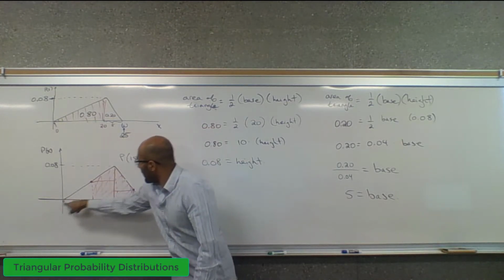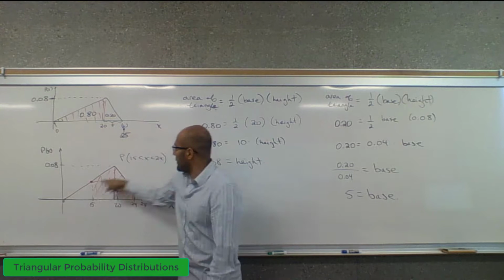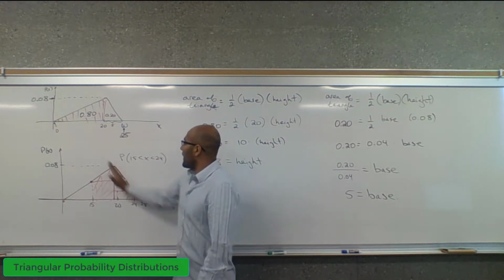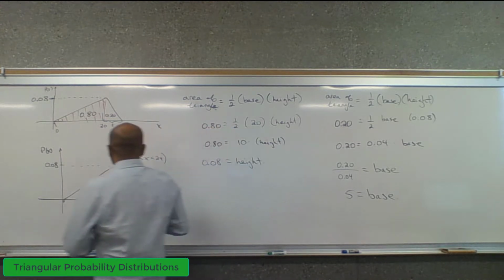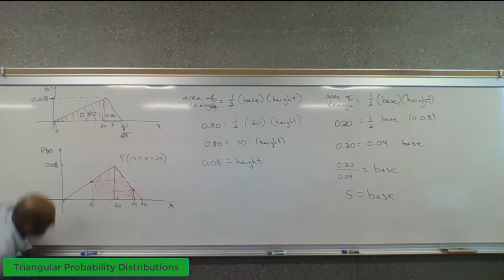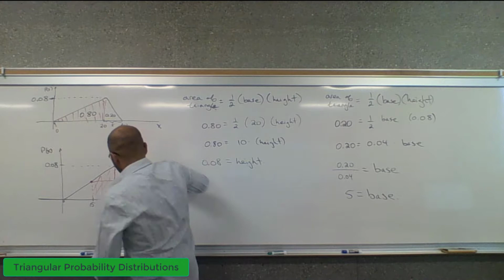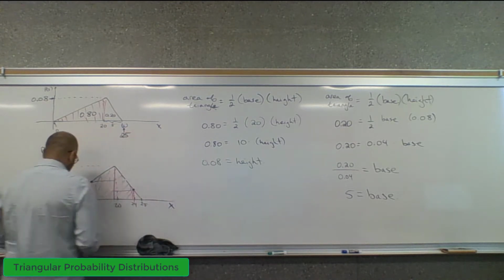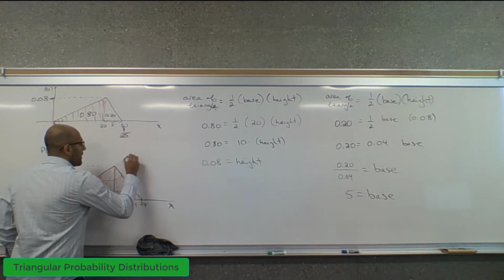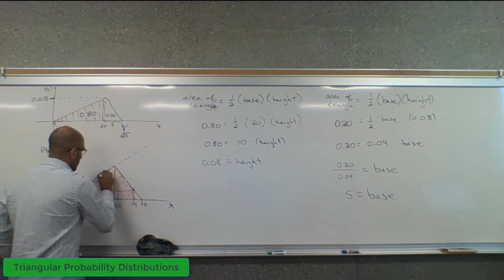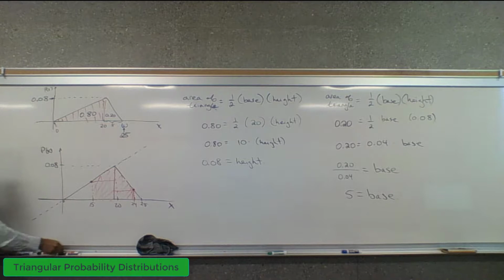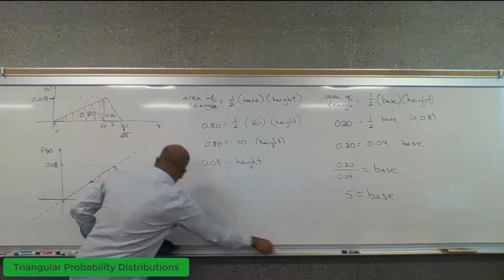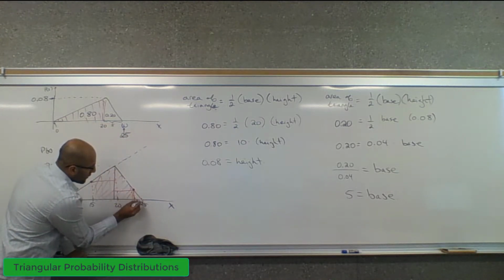So we need to find the equation of this line going this way, and also the equation of this line going this way. I can't seem to find a good place for this statement, so I'm going to erase it again.